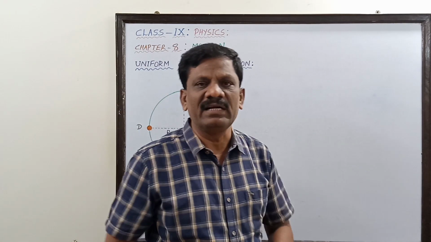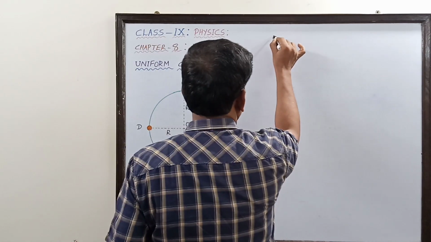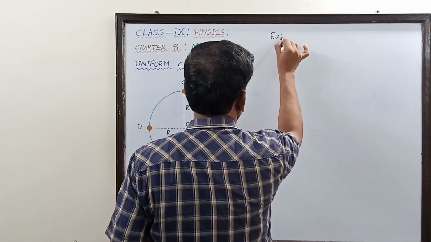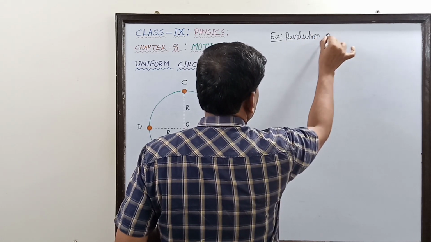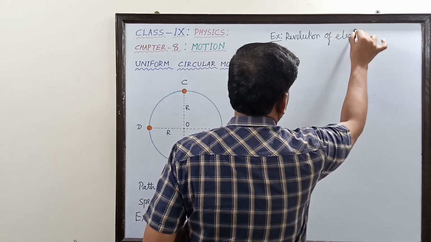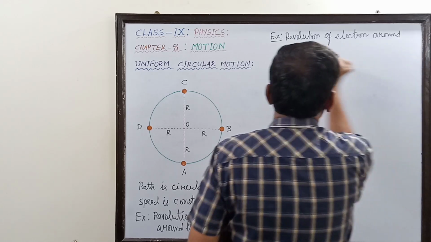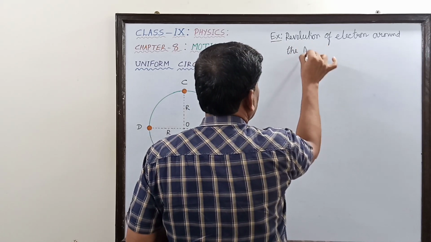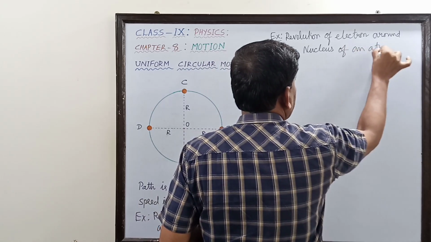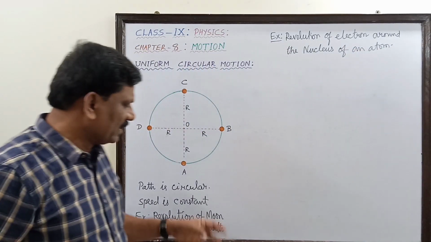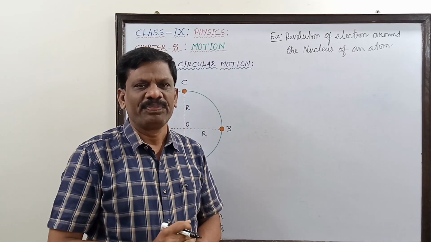Another scientific and best example I can give is electrons revolving around the nucleus of an atom. So in both these cases, either the moon or the electron is revolving with constant speed.